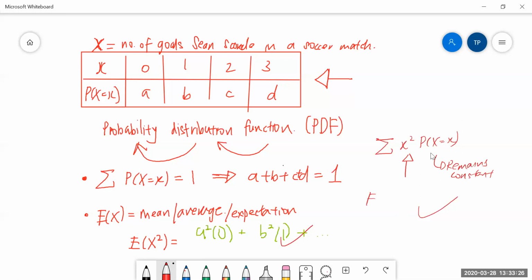Even if I'm finding expectation of X cubed, it will become summation of X cubed times the same probability again. We do not cube the probability or square the probability. It doesn't make sense. It should not affect the probability. Can? Yeah. Okay, very good.